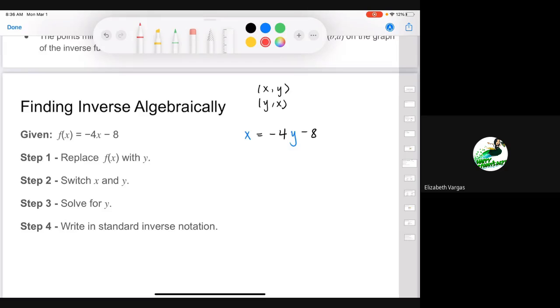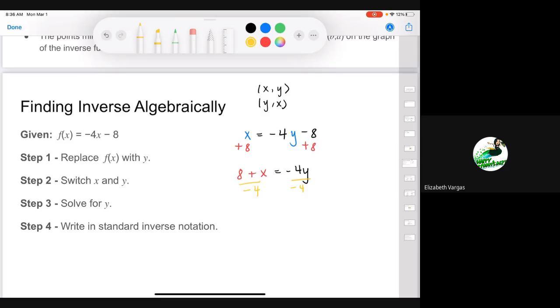Well, the first thing I'm going to do is add 8 to both sides. So now I get 8 plus x equals negative 4y. Now I need to further isolate y, and the way I'm going to do that is divide by negative 4 on both sides.